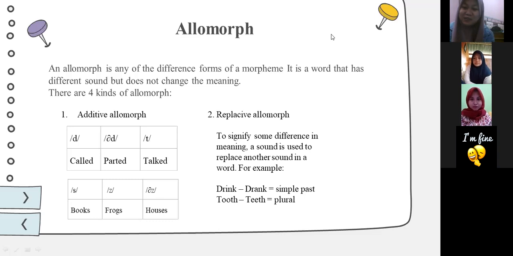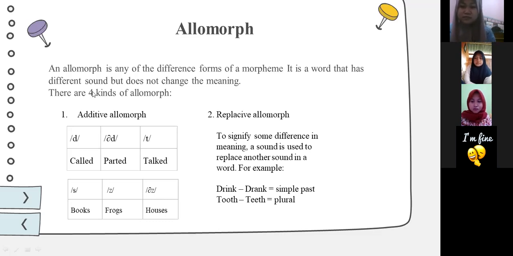The next kind of allomorph is replacive allomorph. To signify some difference in meaning, a sound is used to replace another sound in a word. For example, the I sound in drink is replaced by the A sound in drank to signal the simple past.